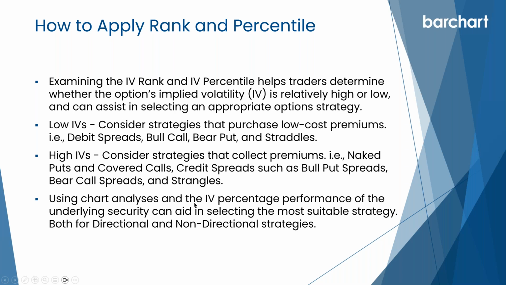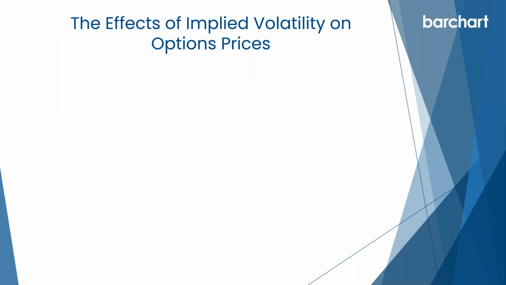So using chart analysis, we did that with IBM, but also the percentage performance of the underlying security can also aid in selection. We'll do that in a moment for both directional and non-directional strategies. So what are the effects on option pricing based on implied volatility? Before we look at rising and falling IV or implied volatility analysis, let's talk about this impact on option pricing.